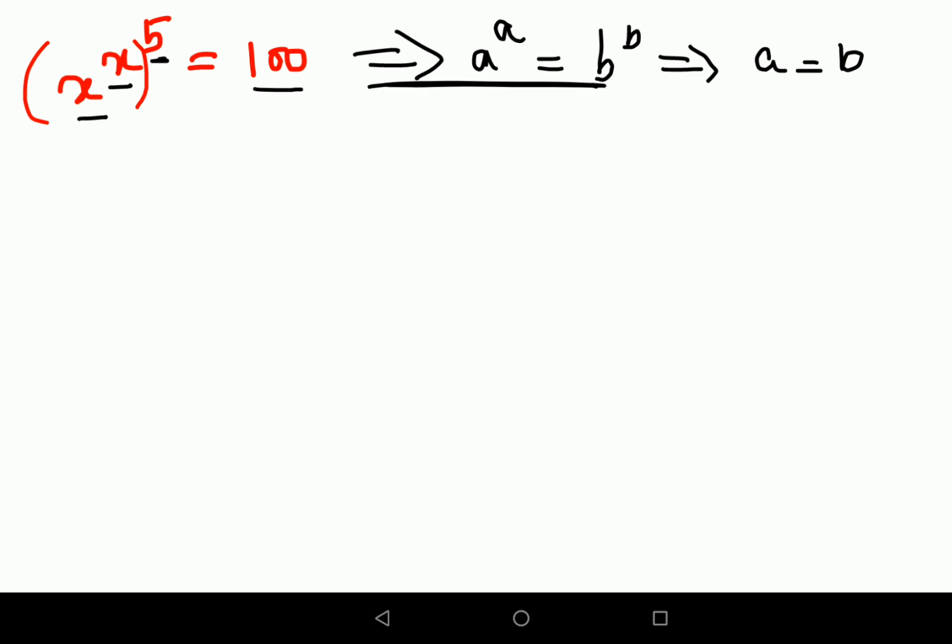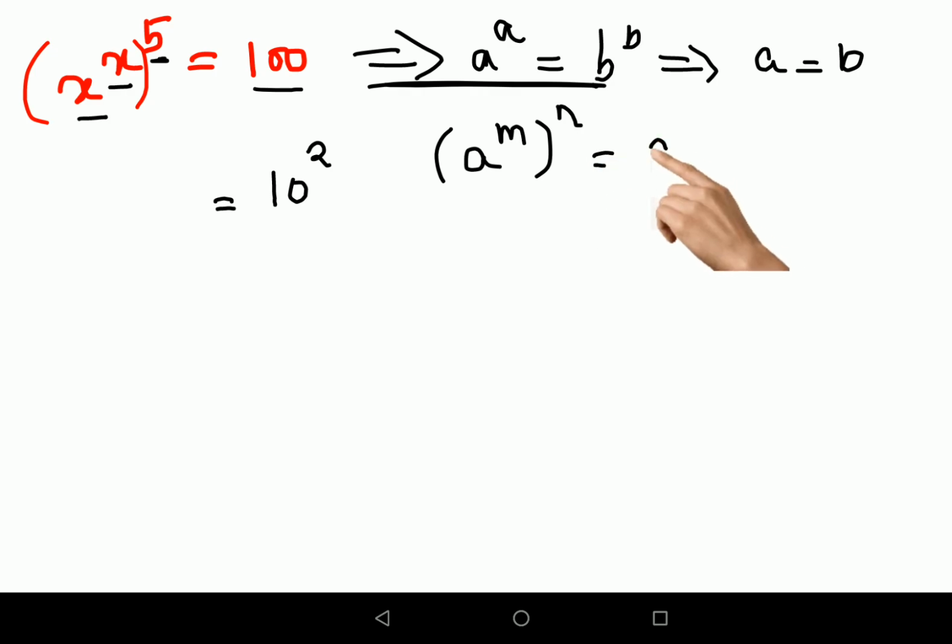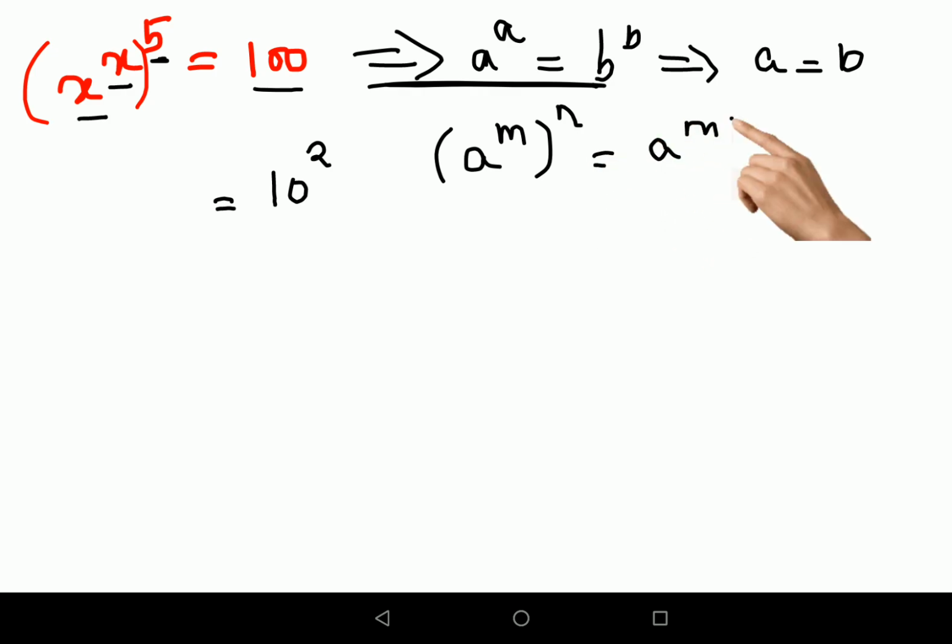So what we'll do is we'll start with something which we know. On your RHS, if I want to write 100 in terms of indices, I can write this as 10 square. And in your LHS, you have something like a raised to m the whole raised to n. This is basically a raised to m into n.